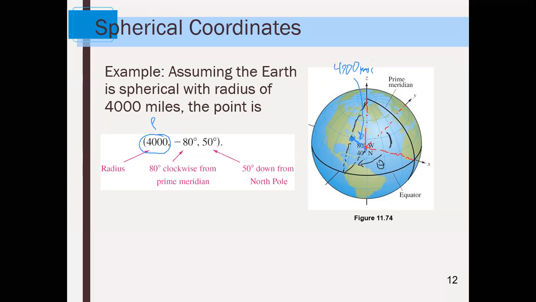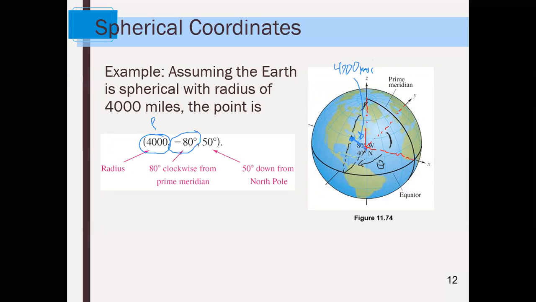But we're going backwards. How far? Well, it says 80 degrees west of the prime meridian, which basically means theta is negative 80 degrees. Which is where this thing comes from right here.